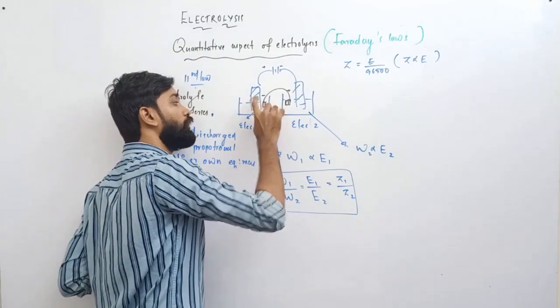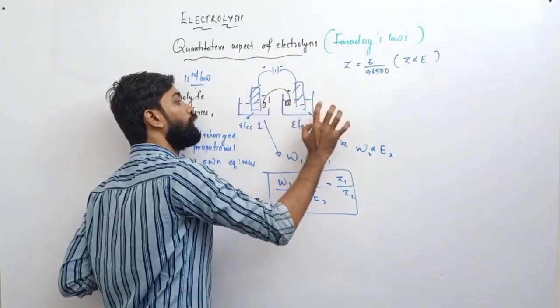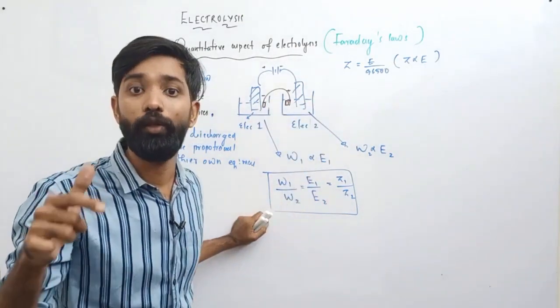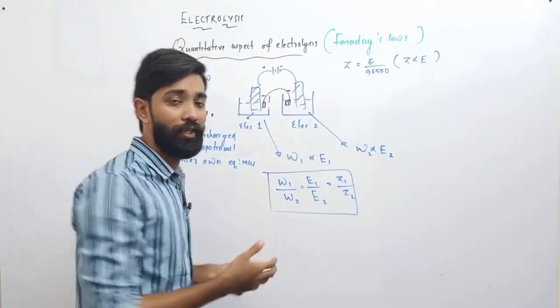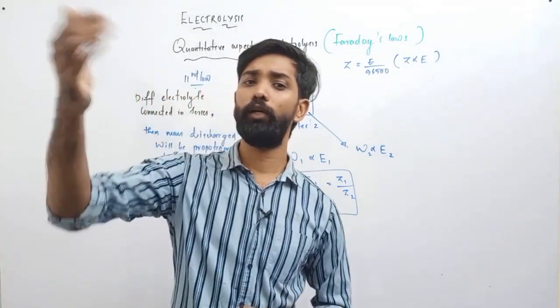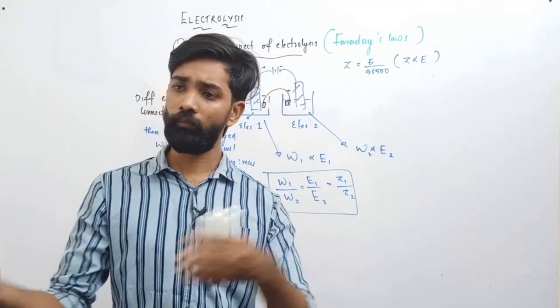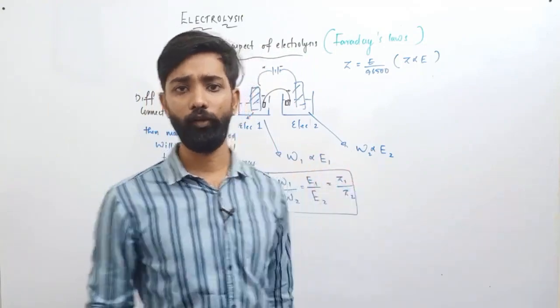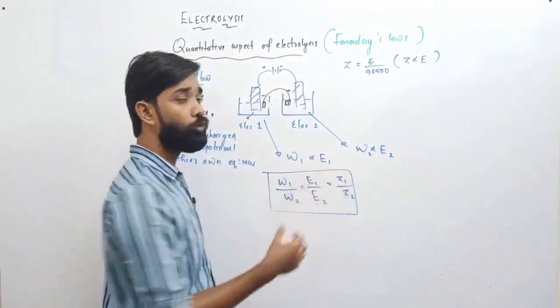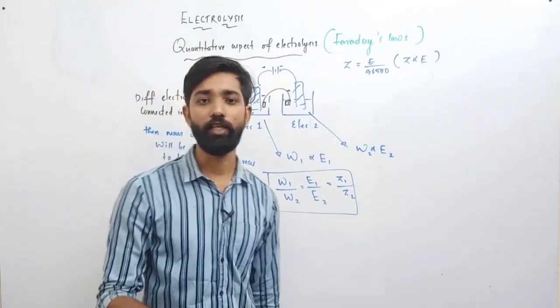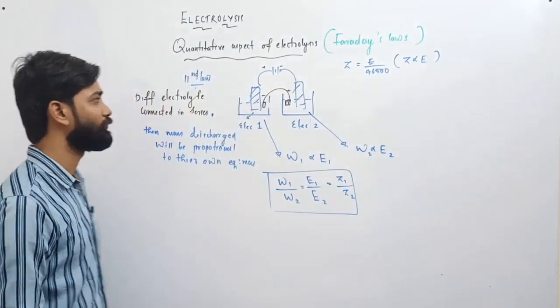The deposition in each container is in accordance with its own equivalent mass: the first container according to the equivalent mass of the first, the second according to the second, and so on. So the mass deposited is proportional to their own equivalent mass. That is the concept.